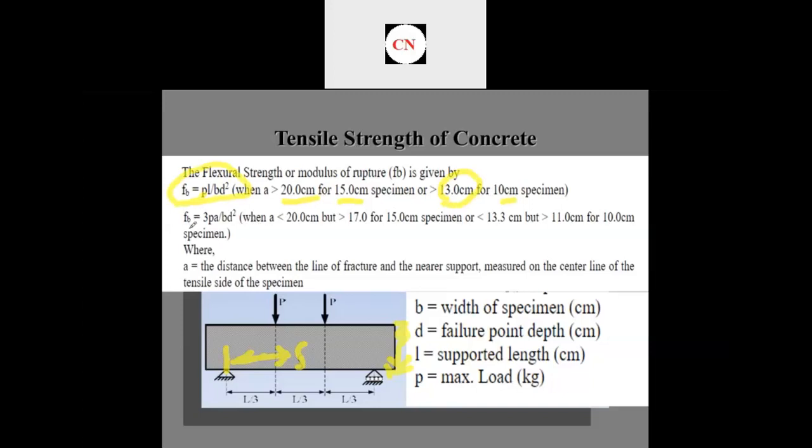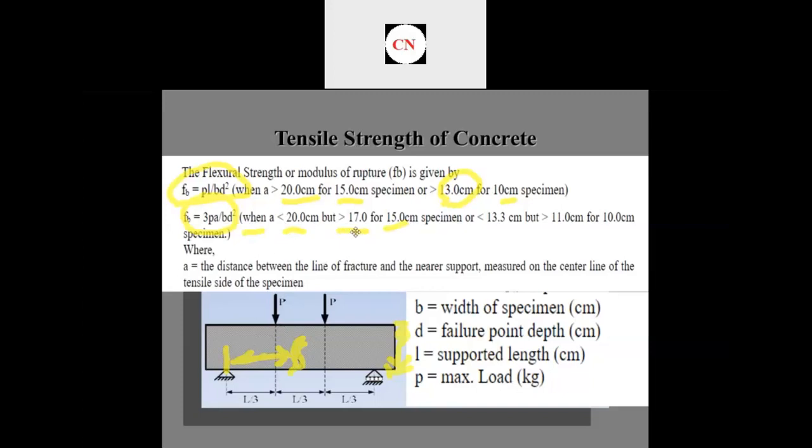Now there is one more formula by the help of which we can calculate the flexural strength of the concrete. That is FB is equal to 3PA divided by BD square. This is the special condition when the crack appears at a distance lesser than 20 centimeter but greater than 17 centimeter for a 15 centimeter depth of the specimen.